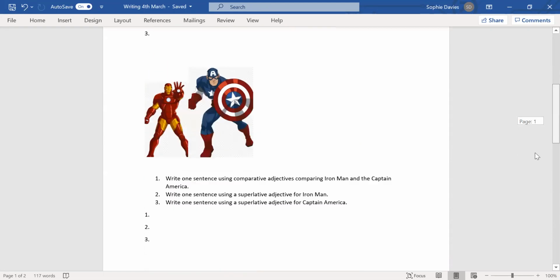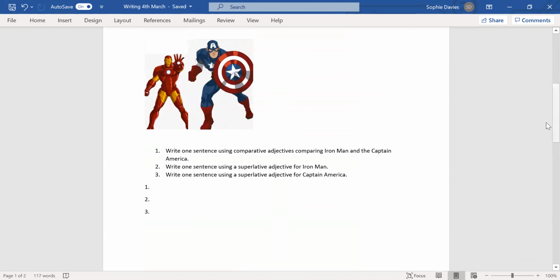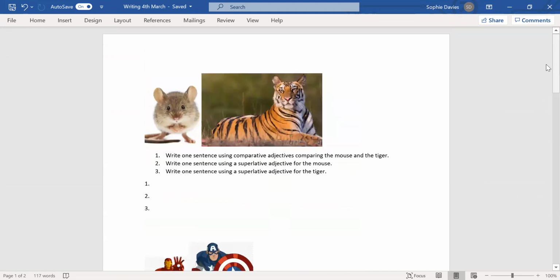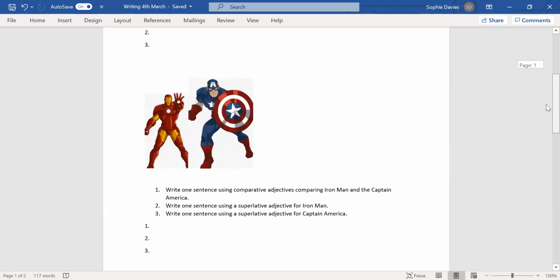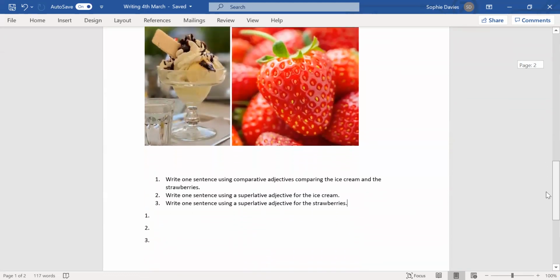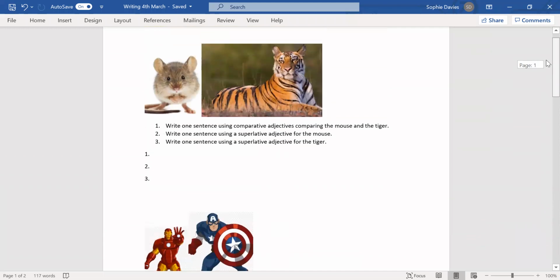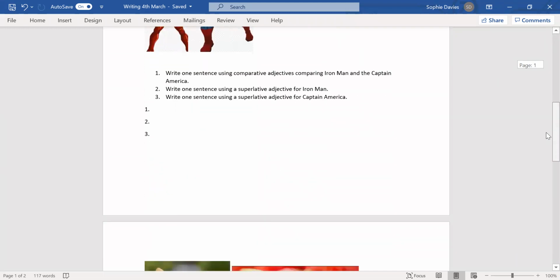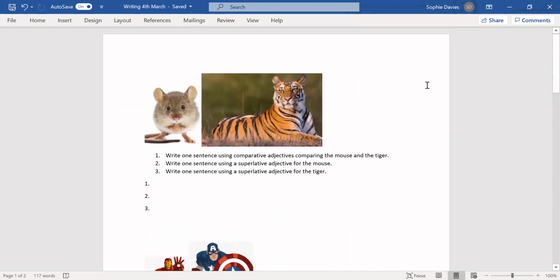So don't do all three, just pick one that you feel most confident with, because remember, you're going to have to think of adjectives for each one. So it's the same task for each set of images.